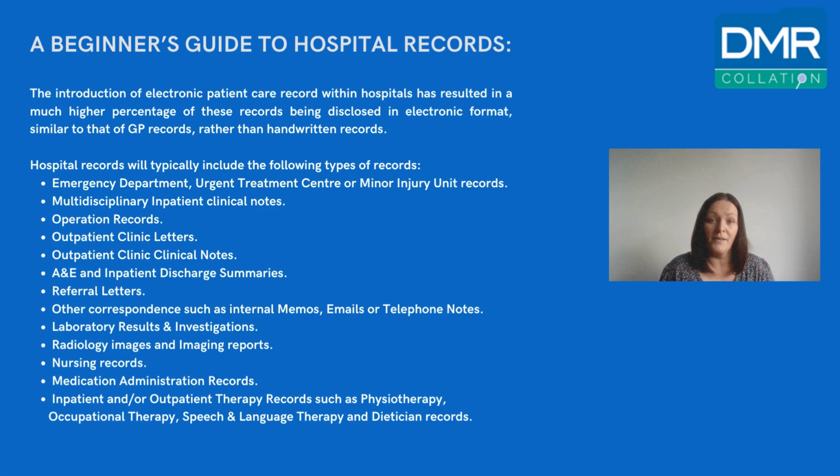Operation records, which should include the pre-assessment clinic notes, consent forms, anaesthetic records, operation notes, and theatre care booklets. Outpatient clinic letters, which are drafted to notify GPs of the outcome of outpatient clinic appointments. You would normally expect to see a clinic letter following each scheduled outpatient clinic appointment.